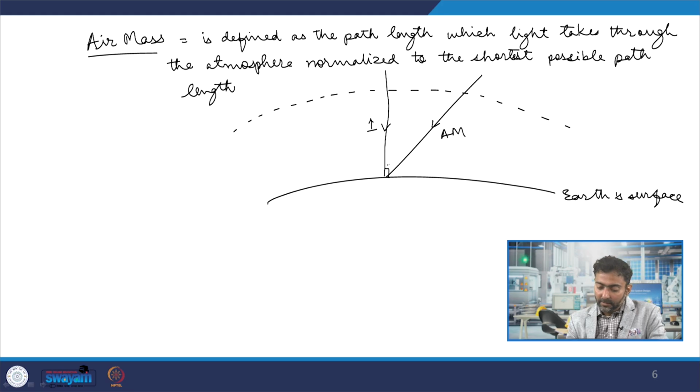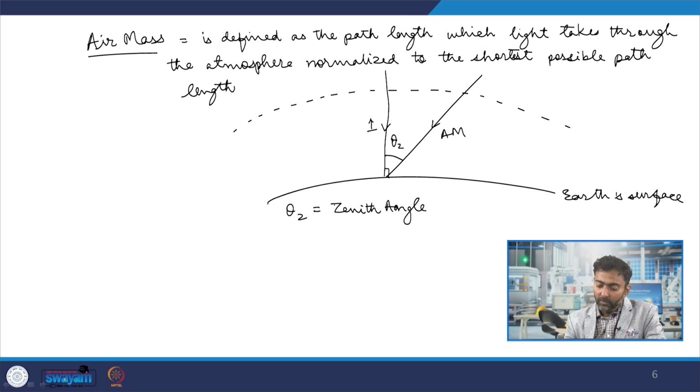In this context, this angle becomes very important. So, at a given instant, what is the angle between the vertical and the beam radiation of the sun? So, this is defined as the zenith angle or theta z. So, this zenith angle is important in this regard, defined as theta z.